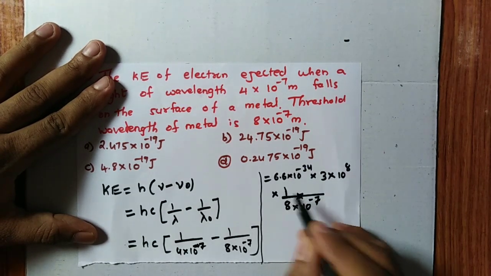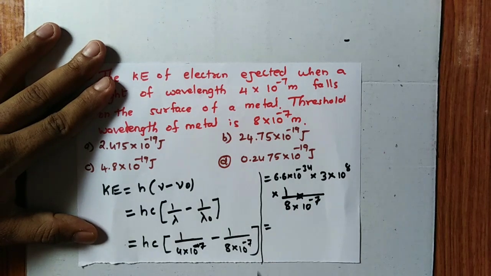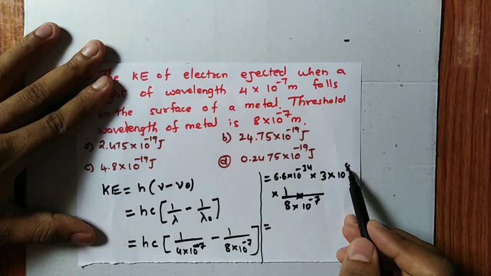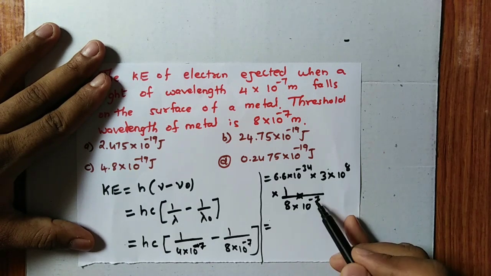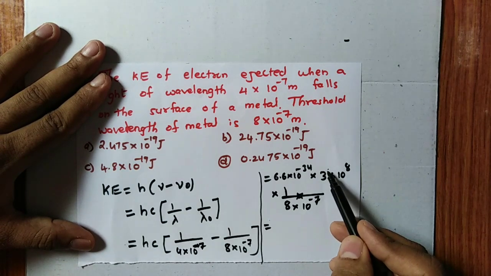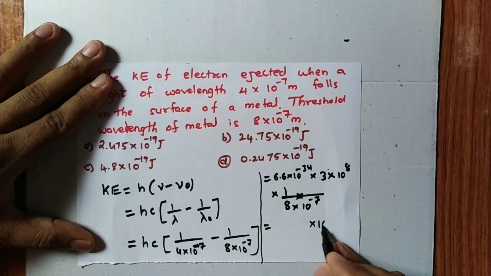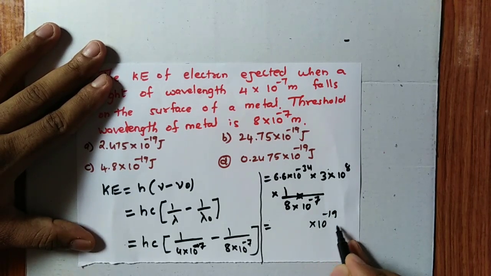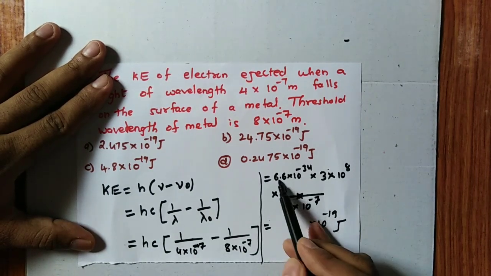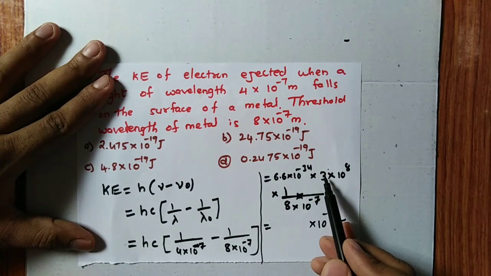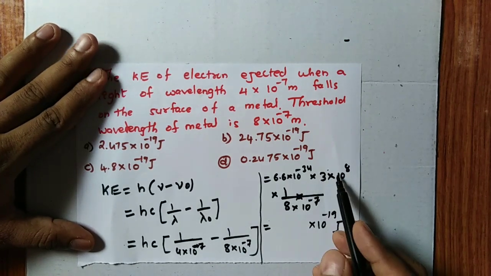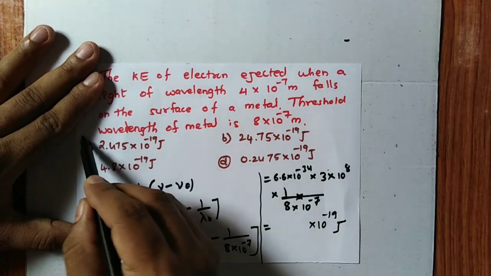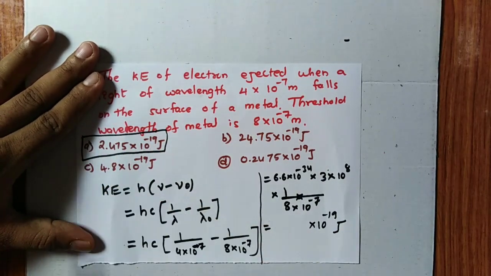So minus 34 plus 8 is minus 26. Minus 26 plus 7, the minus 7 in the denominator goes to the numerator, so plus 7. So 10 to the power minus 19 you are going to get. And for the answer, 6.6 into 3 is almost 20. 20 by 8, 8 2s are 16. So 2.475 into 10 to the power minus 19 should be the answer.